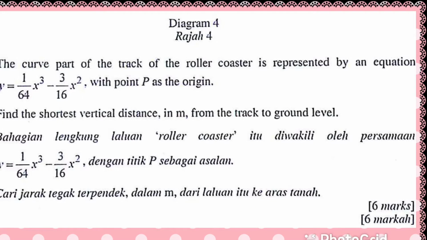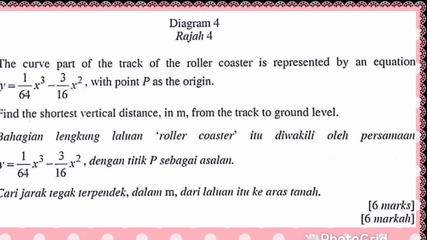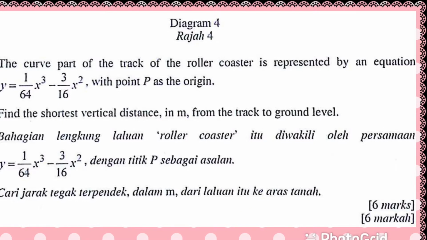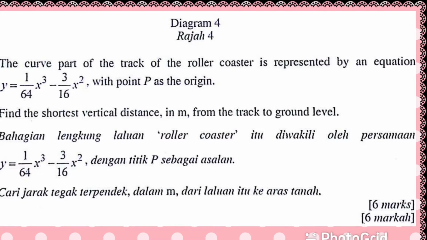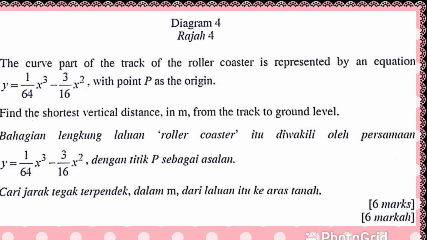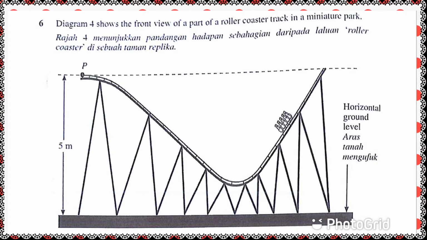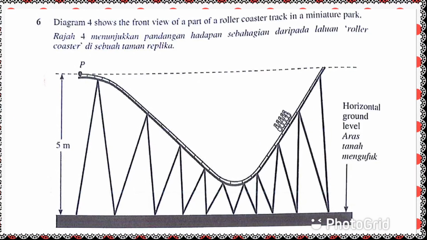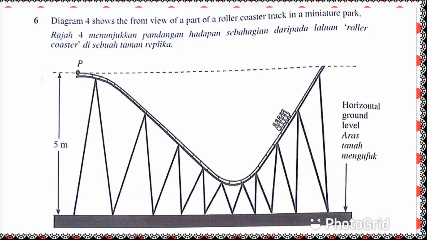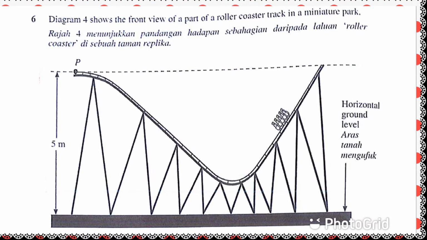So now you go to the curve and focus on the minimum point. From the minimum point, you measure down to the horizontal level of the ground. That is what the question is asking you to find, the distance that they want.